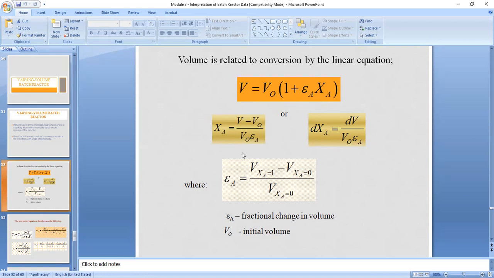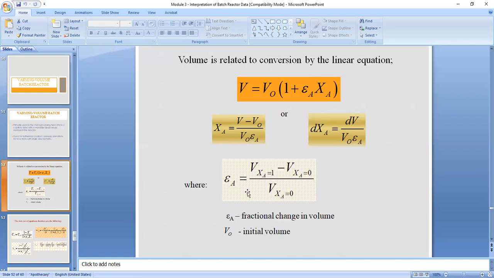Now you see a new characteristic parameter here for varying volume systems, and that's epsilon A. We call it the fractional change in the volume. How do we determine the fractional change in the volume?